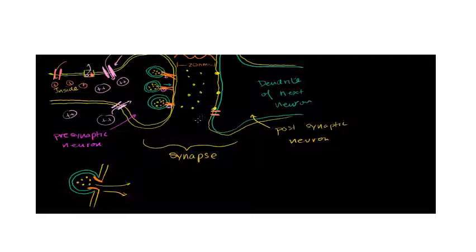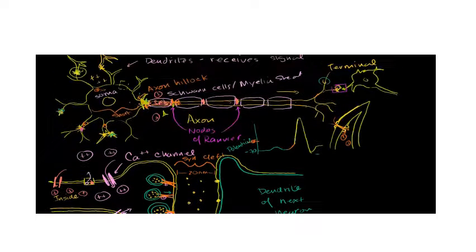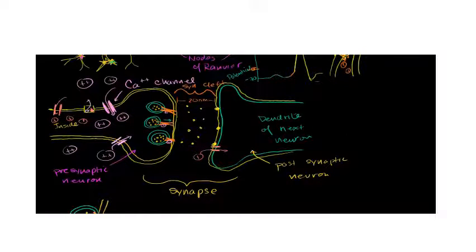So this will cause a sodium channel to open up, and then sodium will flow in. And then, just like we said before, that's like this getting excited, it will become a little bit positive, and then if it's enough positive, it'll electrotonically increase the potential at this point on the axon hillock, and then we'll have another neuron, in this case this neuron, being stimulated. So that's essentially how it happens.